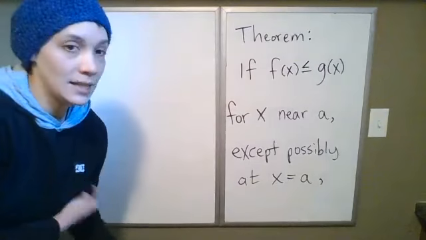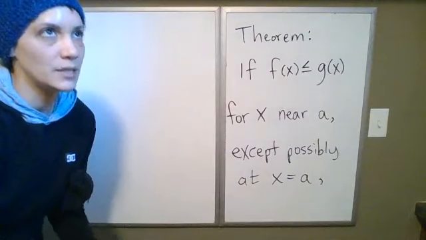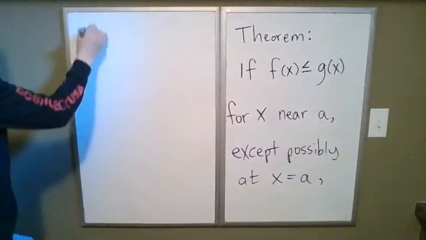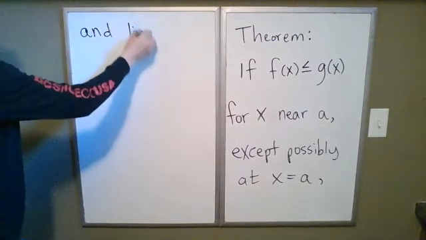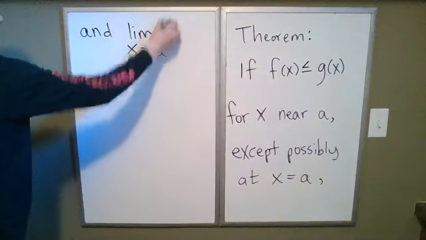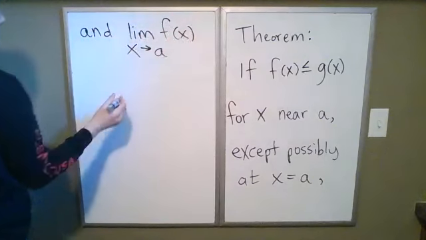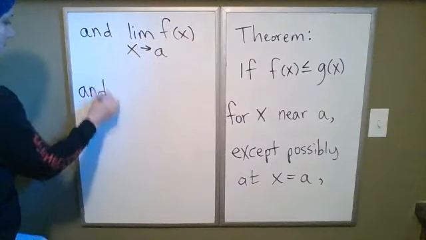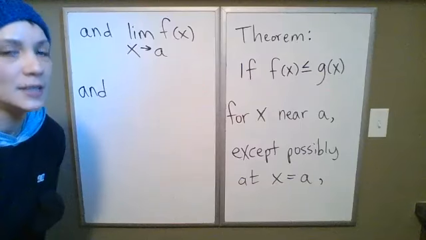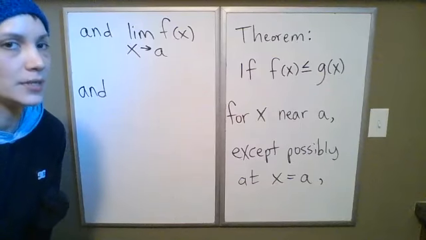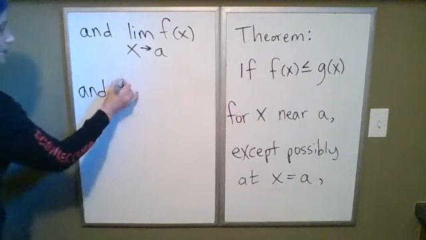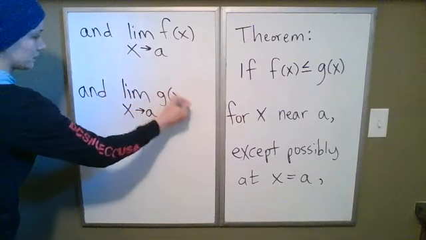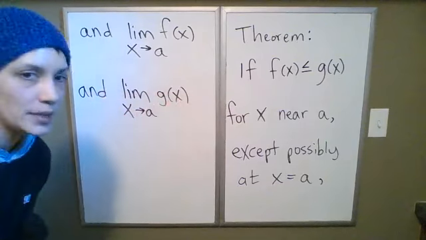And both limits for each function exist. So the limit as x goes to a of f of x and the limit as x goes to a of g of x both exist.